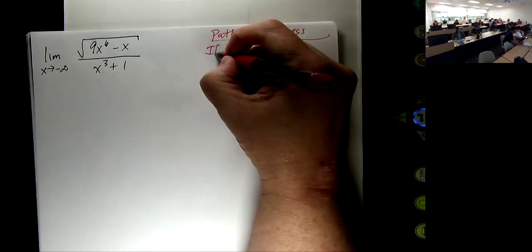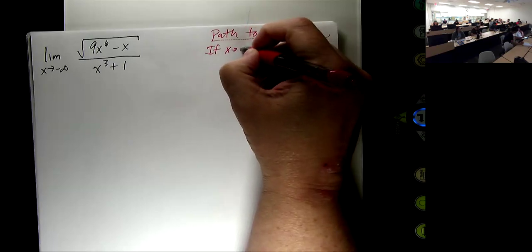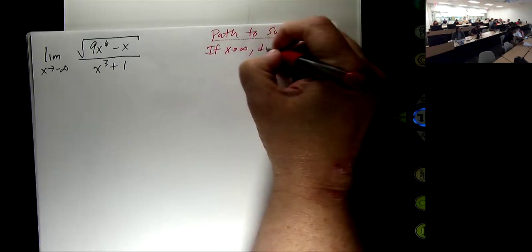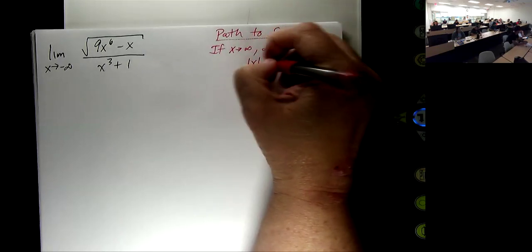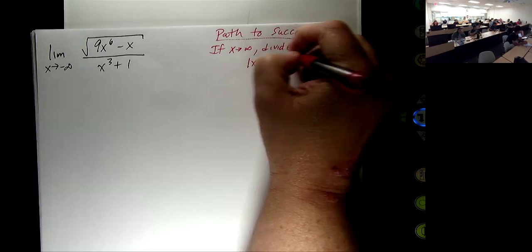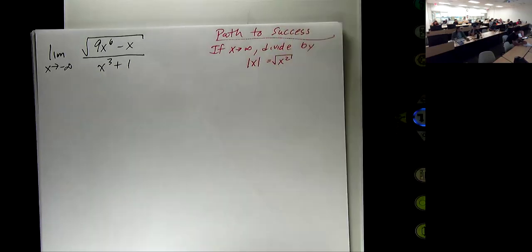If x is approaching infinity, divide by the absolute value of x, which is the square root of x squared. That's one of the definitions of the square root of x squared.